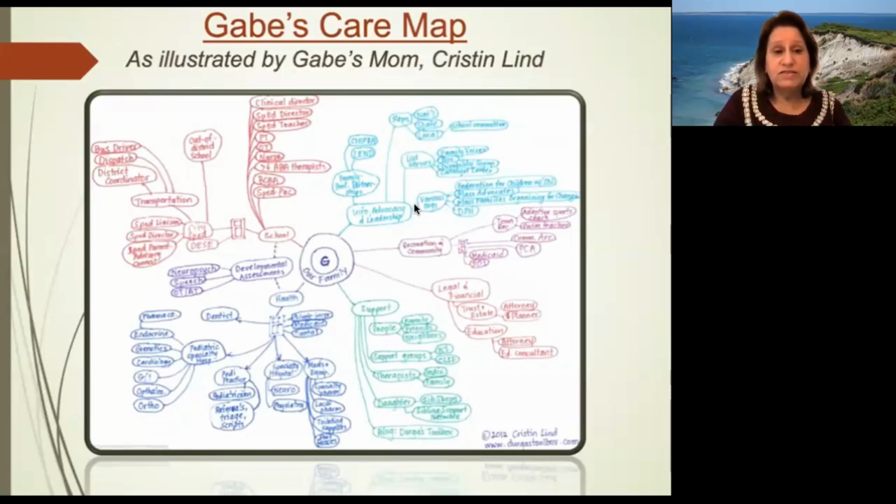And as you can see, this complex chart, it's a lot for a caregiver to go through for one child. So we give kudos to Kristen for sharing this with us and allowing us to promote her care mapping to help families across the state.